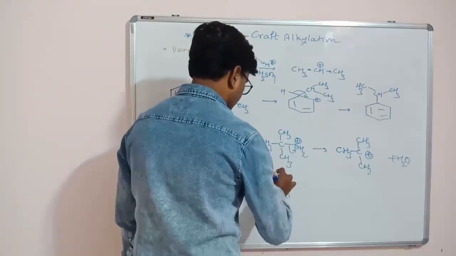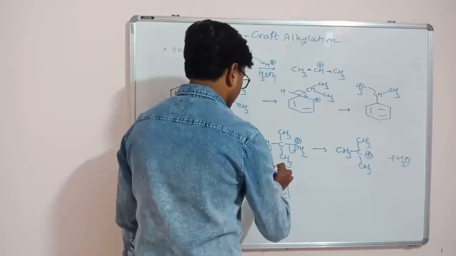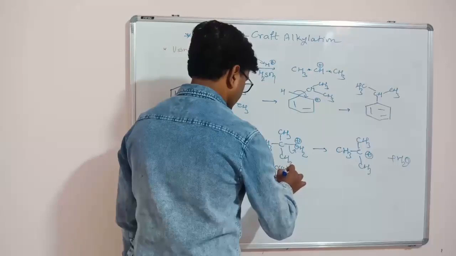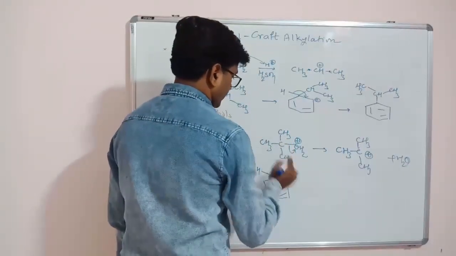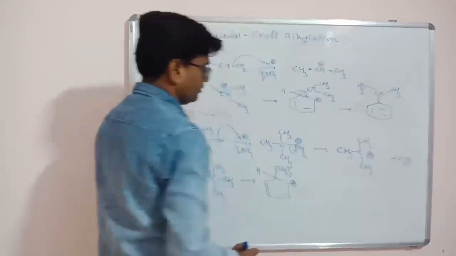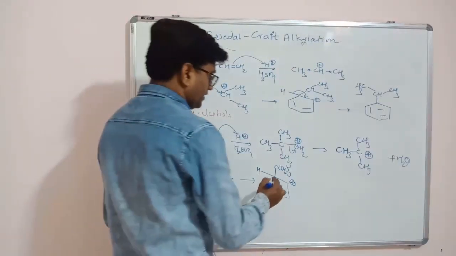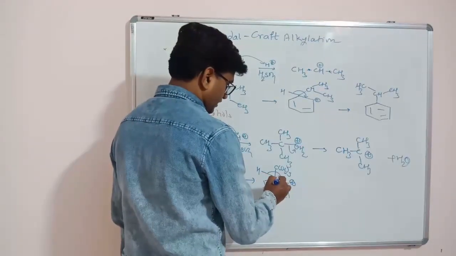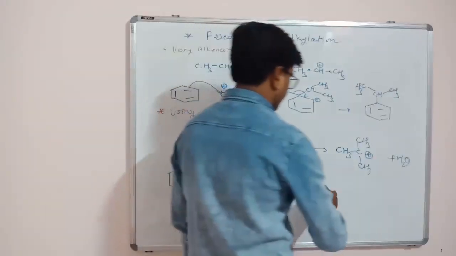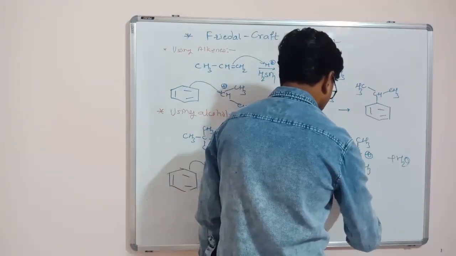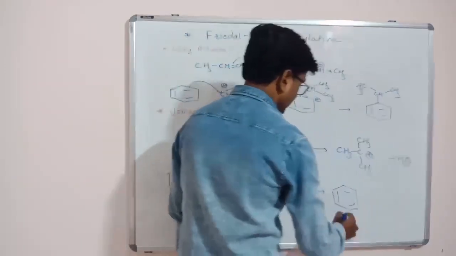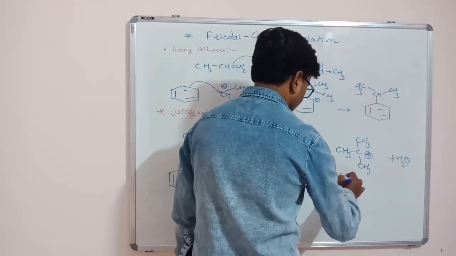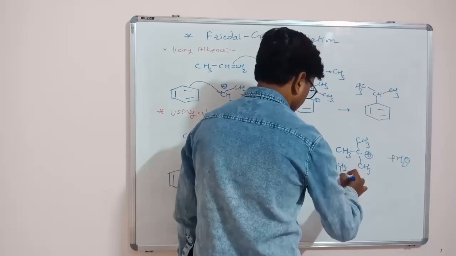So hydrogen, this is our tertiary butyl group, CH3 thrice, and this is the carbocation. Next is aromatization. So this proton will be abstracted and a double bond will form. So what we will get is one of the hydrogens of this benzene ring replaced by a tertiary butyl group.